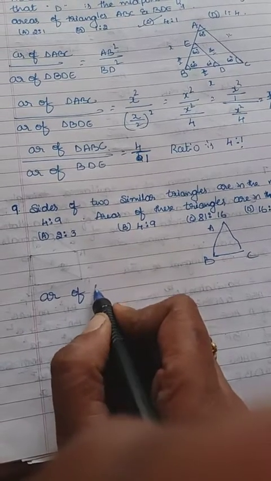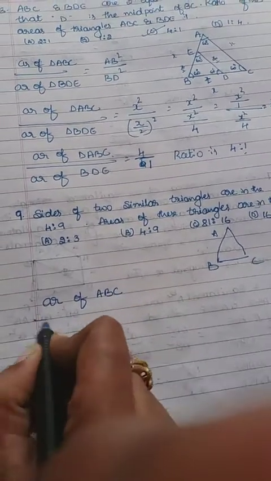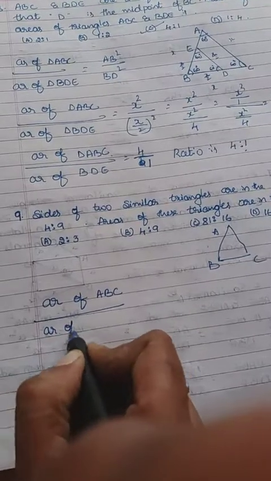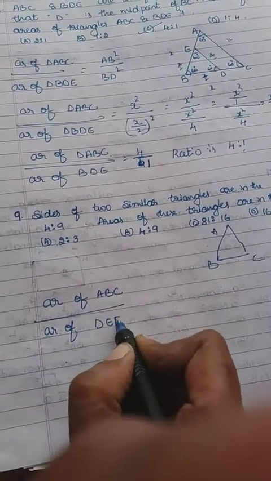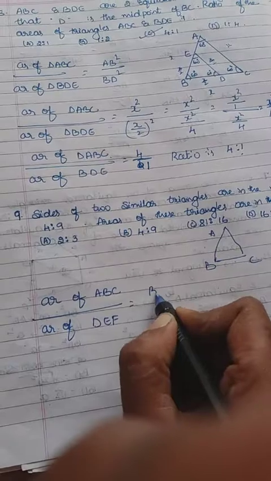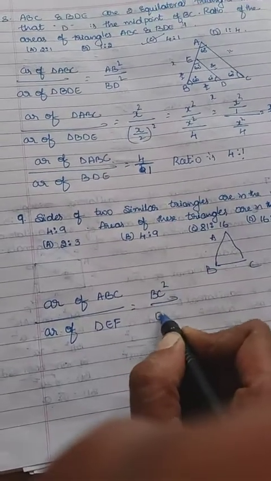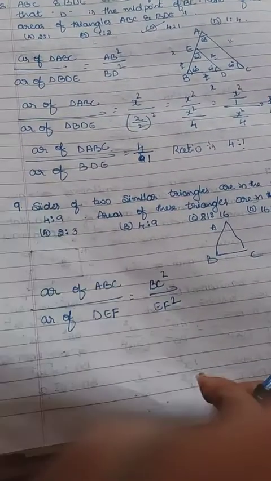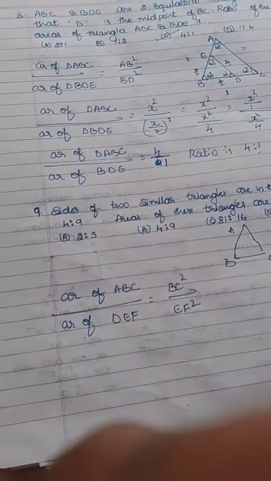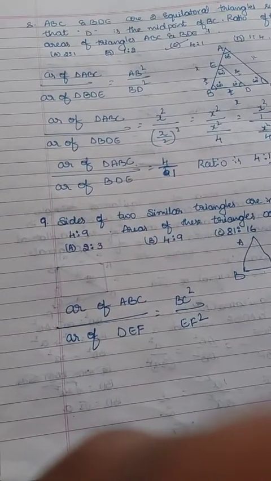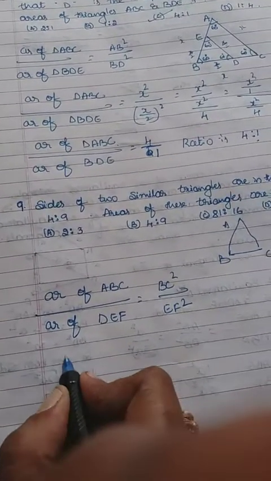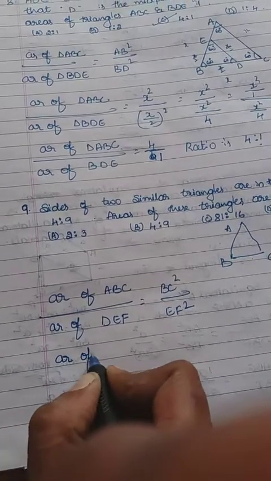Area of triangle ABC divided by area of triangle DEF equals, taking any one side, BC square divided by EF square. The ratio of sides is given as 4 divided by 9, so substitute that value.